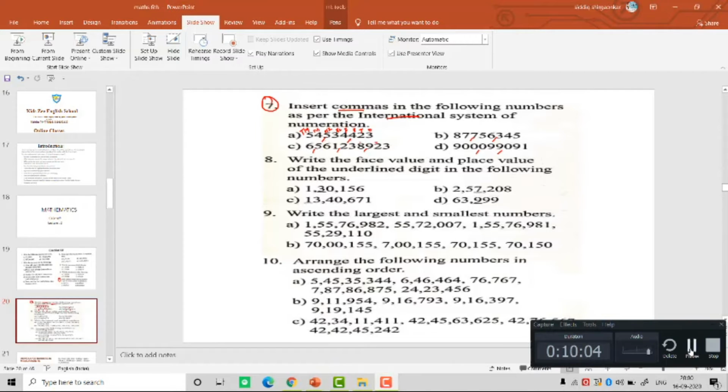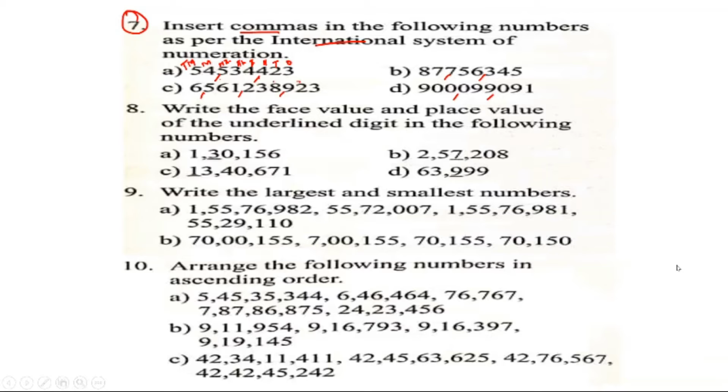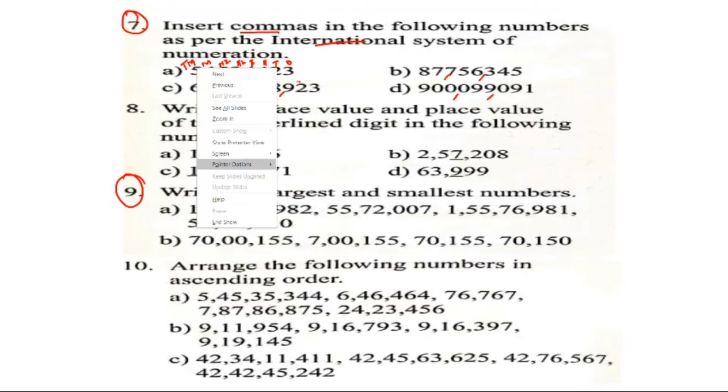So next is question number 9. In question number 9, write the largest and the smallest number. From A and B, we have to write the largest and the smallest one. So first, question number 9, A. First, write down the question, that is 15576982.